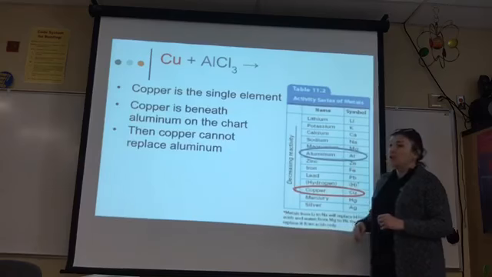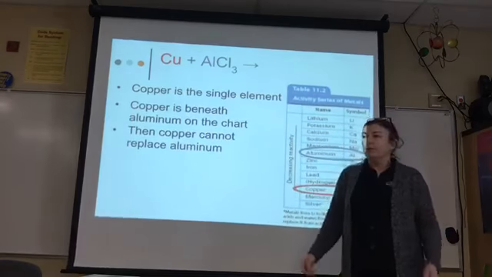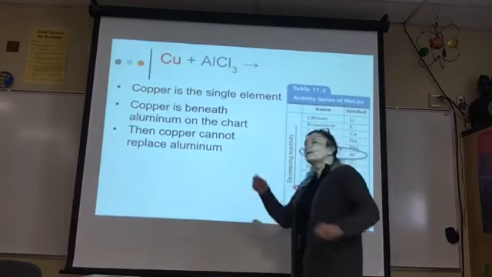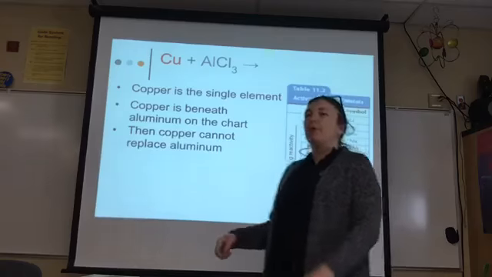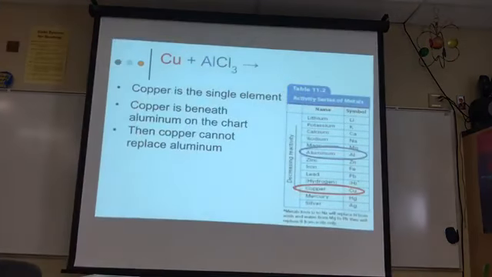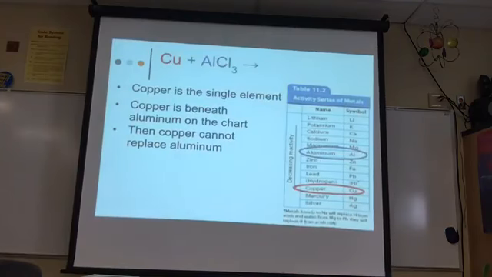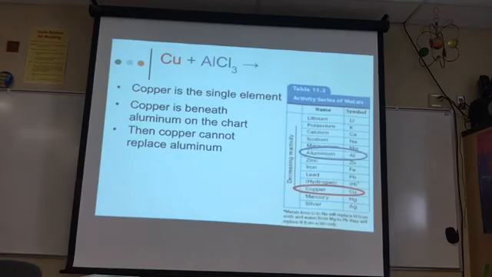It's like aluminum chloride is hanging out at a club, dancing and having a good time. In walks copper. I'm going to snag me that chlorine tonight. And it goes up and says, come on, chlorine, let's go. And chlorine's like, seriously, dude? I'm with aluminum. Much more attractive, much more reactive.